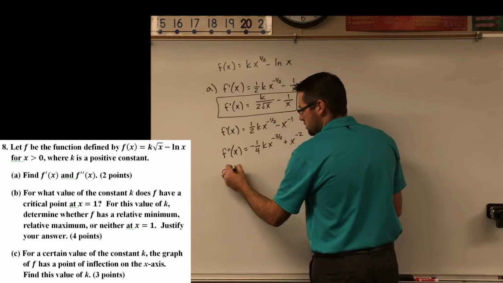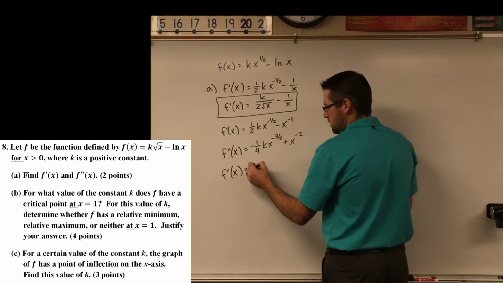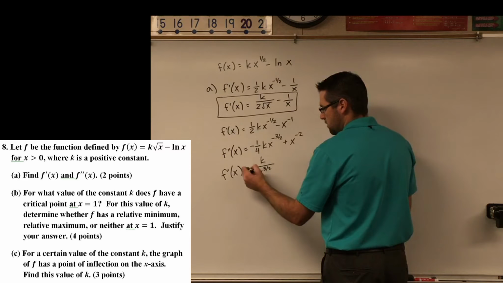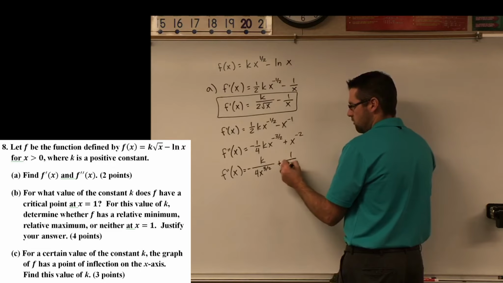Just rewriting that a little bit, we would get negative k over 4 x to the positive 3/2, and then plus 1 over x squared.